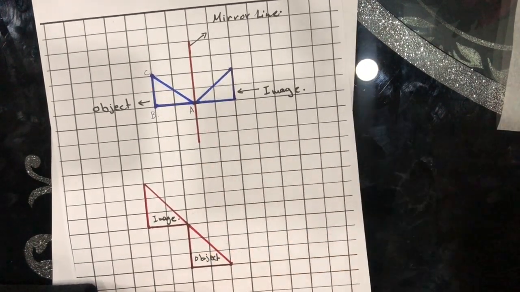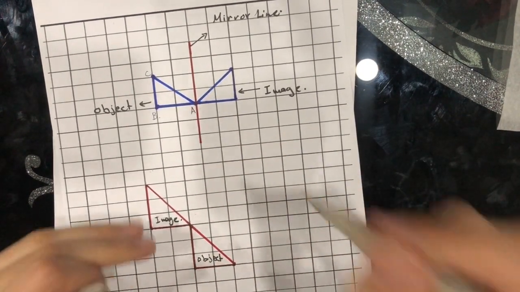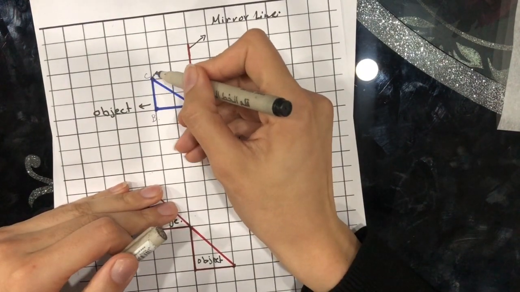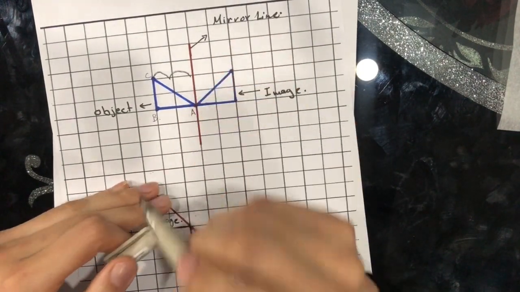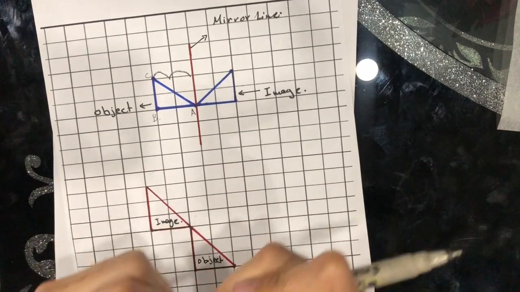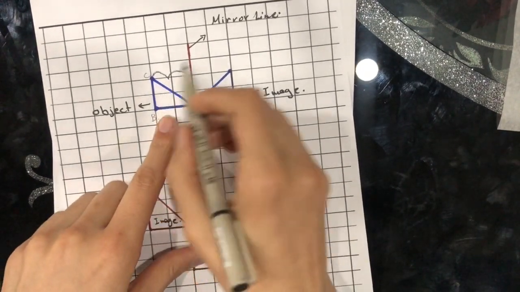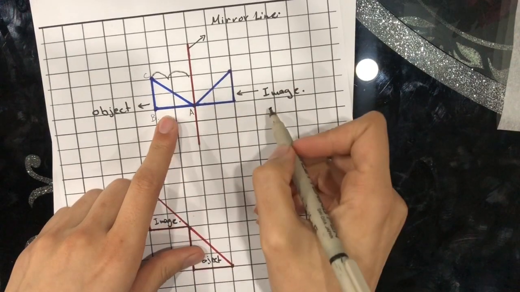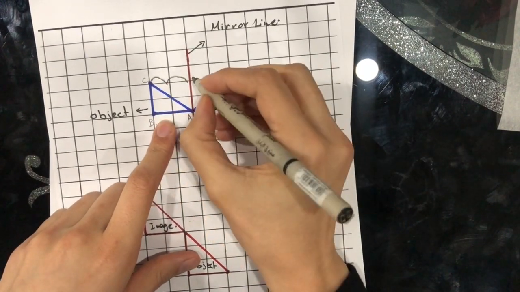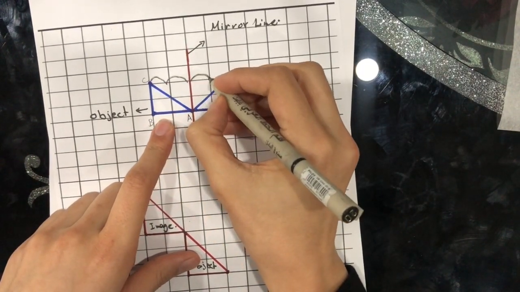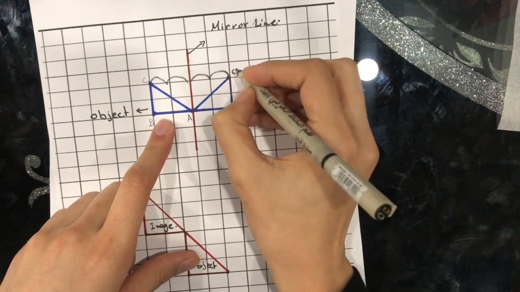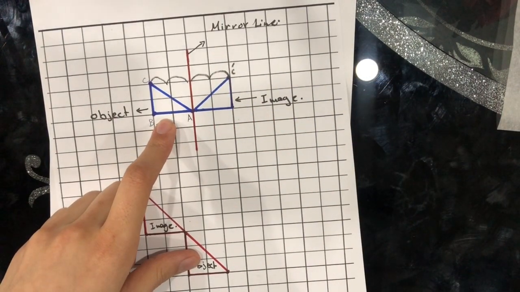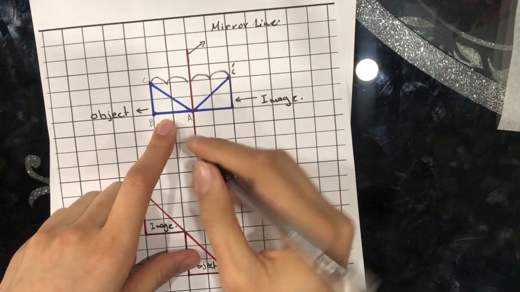So in here, you can see that point C is only 2 squares or 2 centimeters away from the mirror line. So to draw the image after reflecting, point C will also have to be 2 squares far from the mirror line.